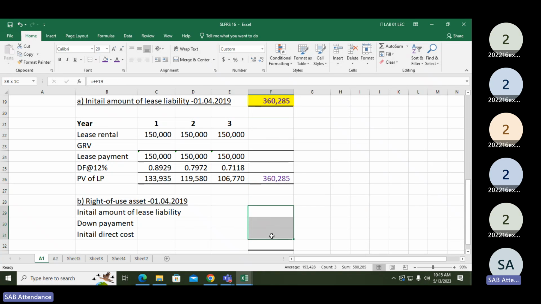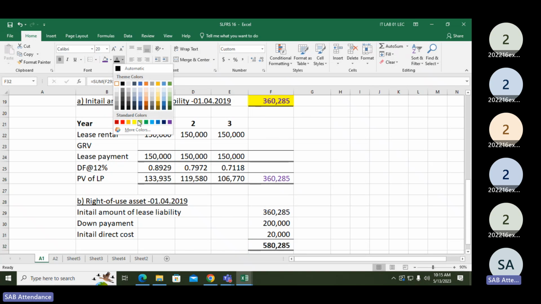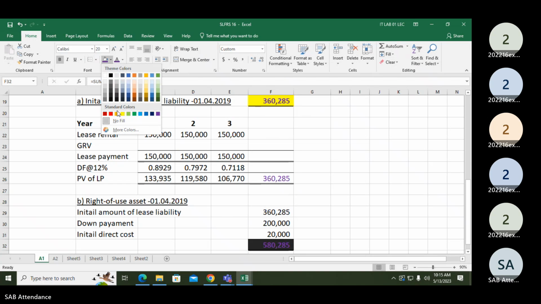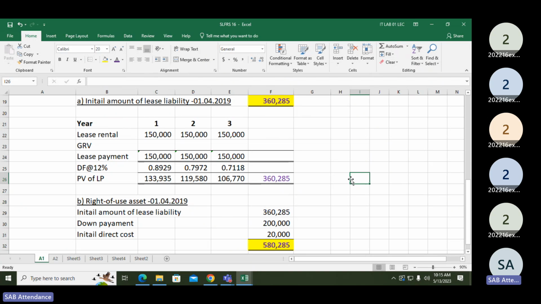Then the initial amount of lease liability, you have to add to the right of use asset, then the down payment and the initial direct cost. Altogether, 580,285.